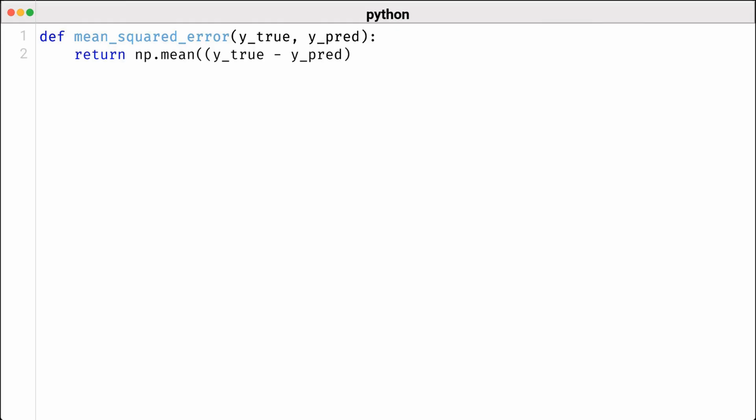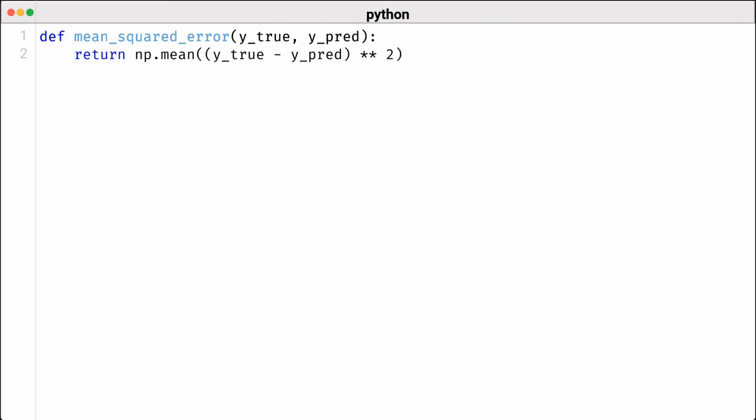Now, let's implement the mean squared error function, which is crucial for calculating our loss during training. This function takes two parameters, yTrue, which contains the actual labels from our dataset, and yPred, the predictions that our model outputs after a feed-forward pass. So what does this function actually do?